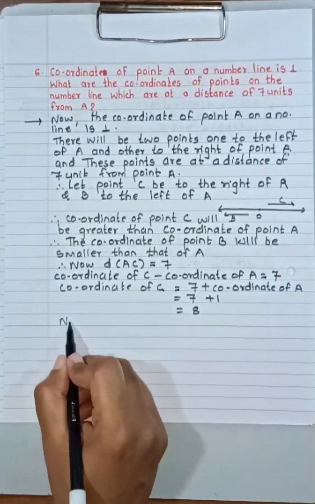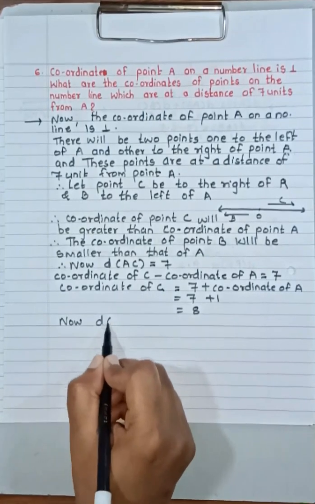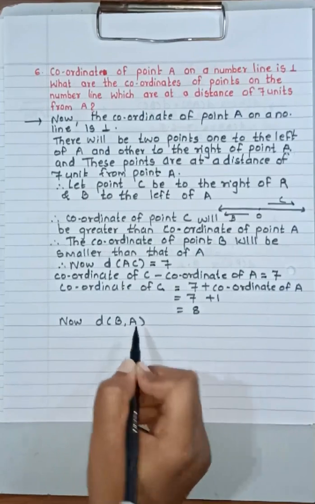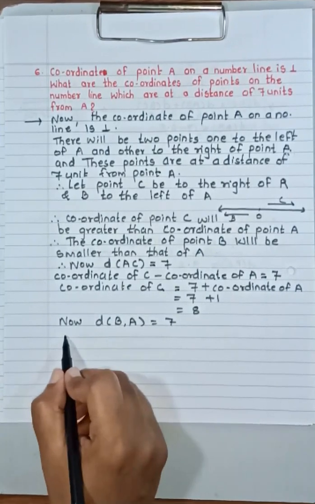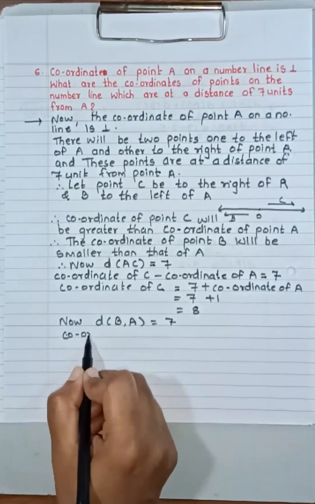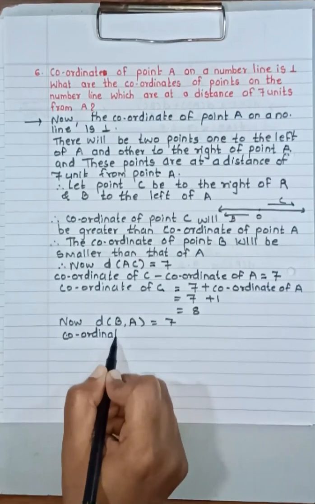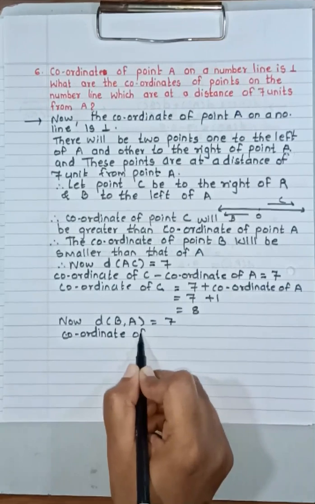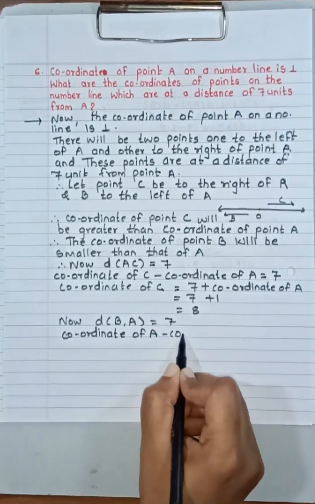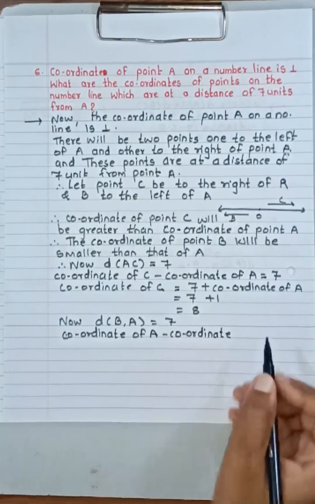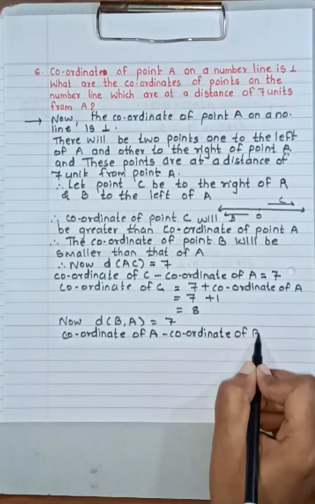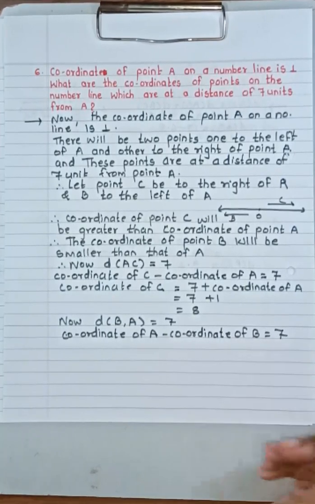Now we'll see distance BA is also equal to 7. Therefore coordinate of A minus coordinate of B is equal to 7.